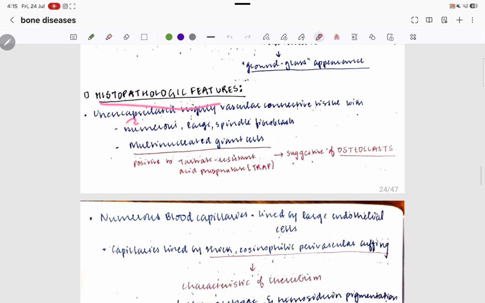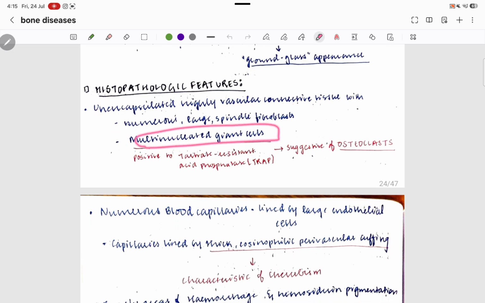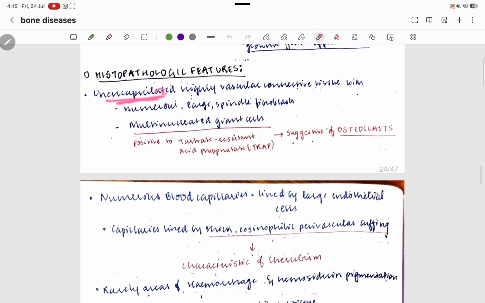Next, the histopathology. Unencapsulated highly vascular connective tissue with numerous large spindle fibroblasts and multinucleated giant cells. So there is no capsule in these lesions.